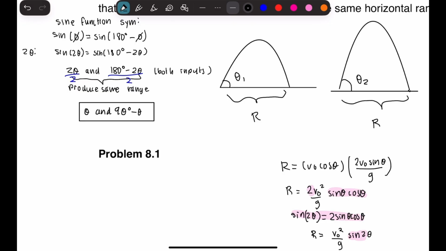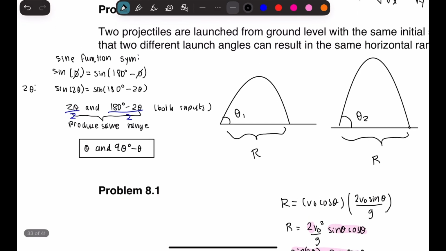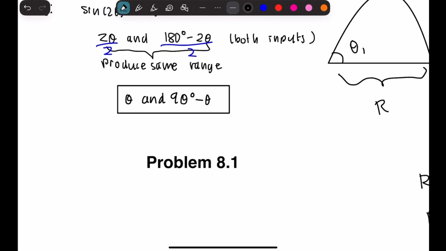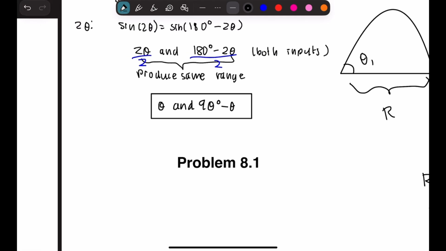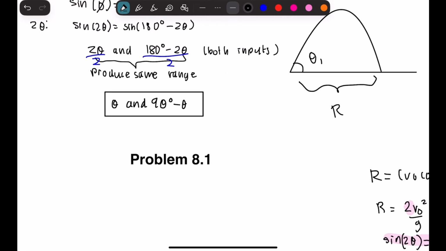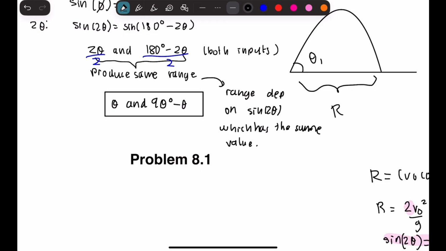So that means that 2 different launch angles, theta and 90 degrees minus theta, produce the same range because the range depends on sine 2 theta, which has the same value for those two angles.